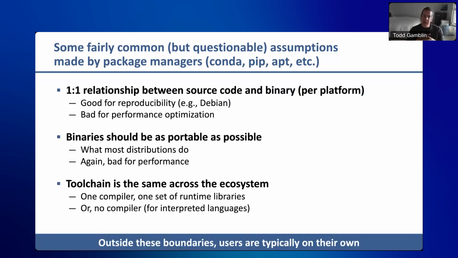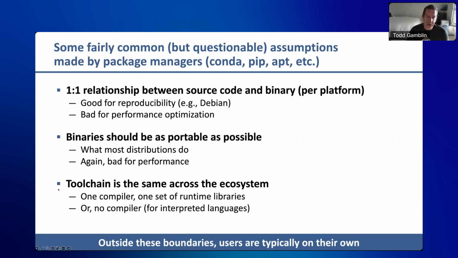But the goal of that is to ensure that the binary is as portable as possible and that it can run in lots of different places. What that typically means is that it's not optimized. And so to get really good optimization, you need to optimize for a specific machine, a specific architecture, a specific GPU. And so most distributions are shipping unoptimized binaries that are built for sort of the base instruction set on the platform, and not leveraging all the vector operations that would get you a good performance for numerical stuff.